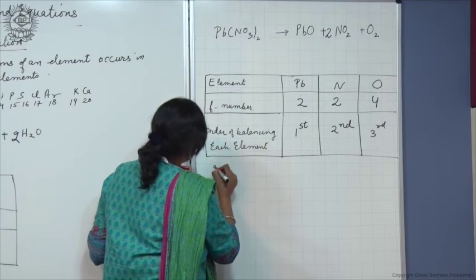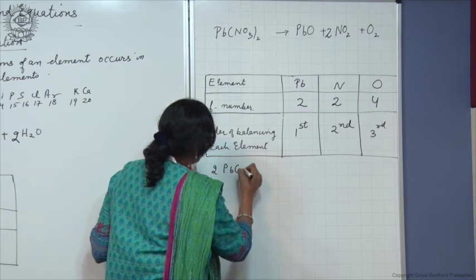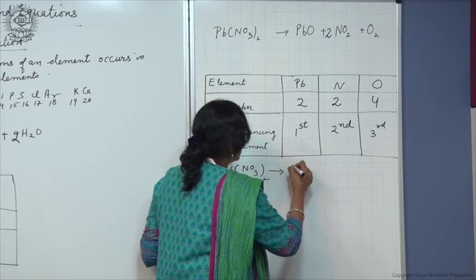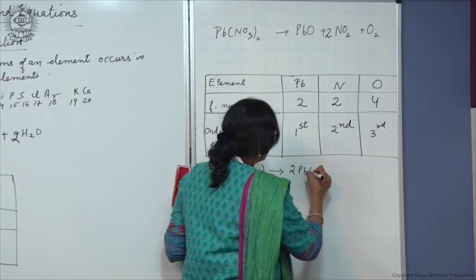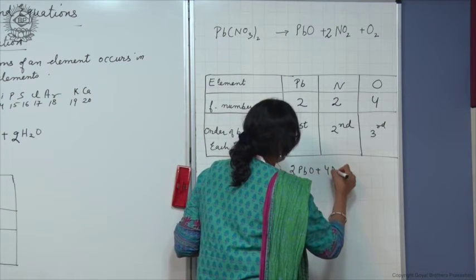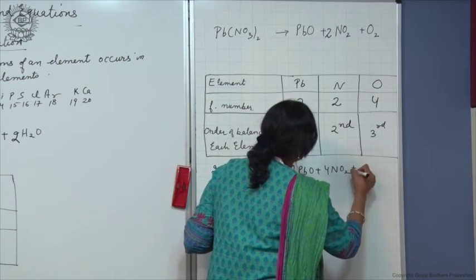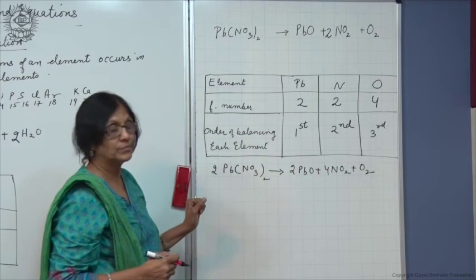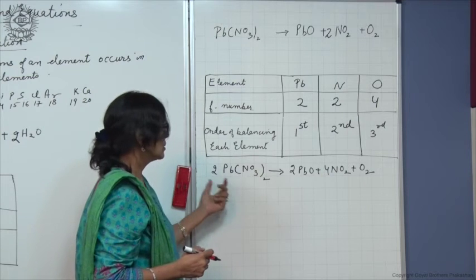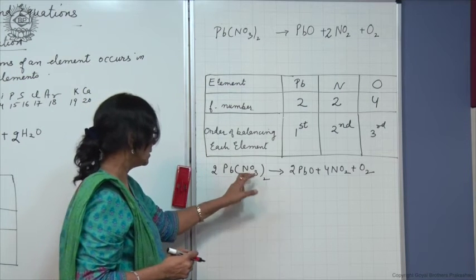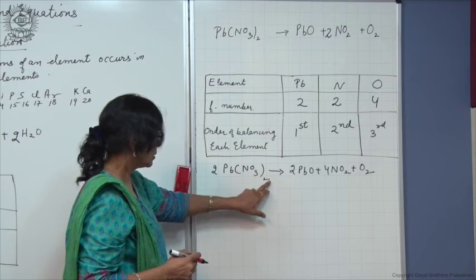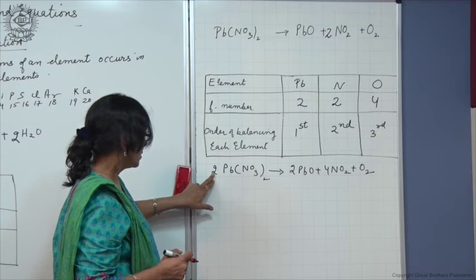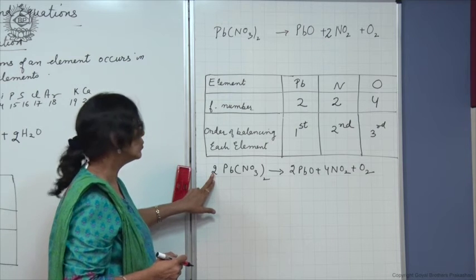If we multiply it, 2Pb(NO3)2 gives 2PbO plus 4NO2 plus O2. Now we can see how many oxygen atoms on this side. 3 into 2 are 6, into 2 equal to 12.